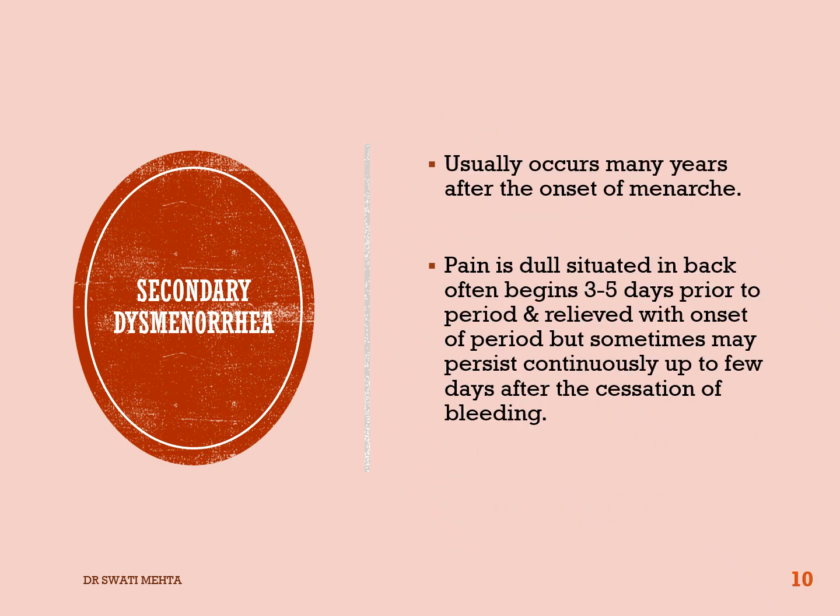Secondary dysmenorrhea usually develops years after menarche. Unlike primary dysmenorrhea, the pain often begins several days before menstruation and may continue throughout the menstrual period or even after bleeding stops. The pain is commonly dull, aching, and located in the pelvis or lower back. This pattern should always raise suspicion of underlying pelvic pathology.